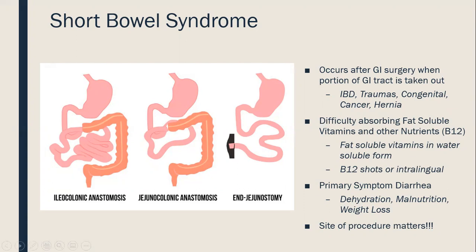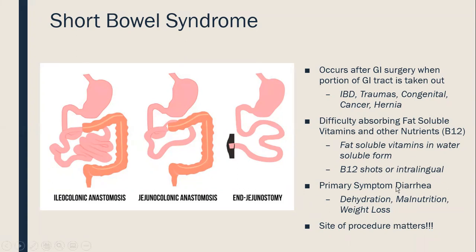What we find, though, is difficulty absorbing fat-soluble vitamins, as well as other nutrients, specifically B12, because of the water absorption. What we can do about that is B12 injections or sublingual tablets, where you put a tablet under your tongue and it absorbs directly into the bloodstream, as opposed to going through the GI tract.